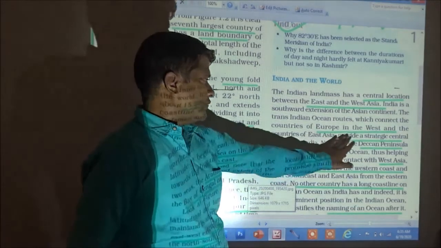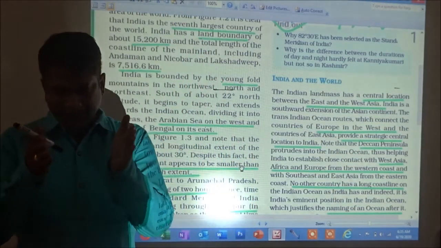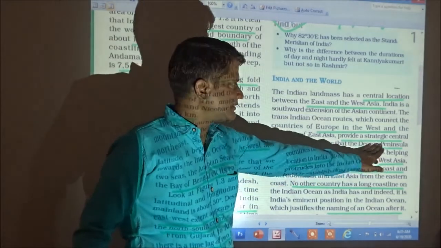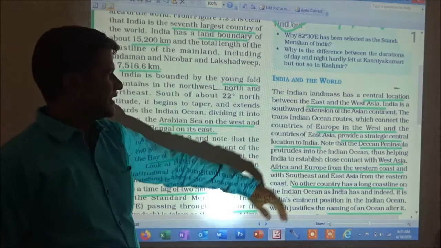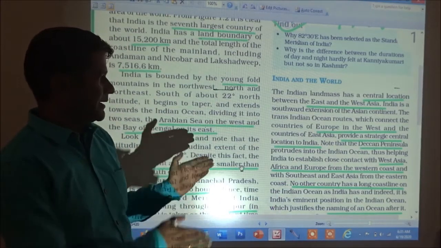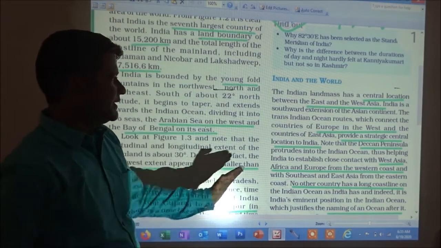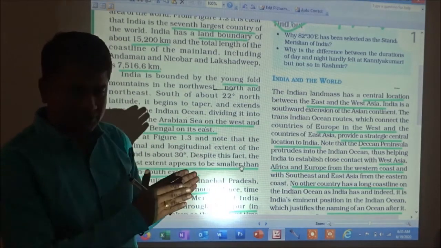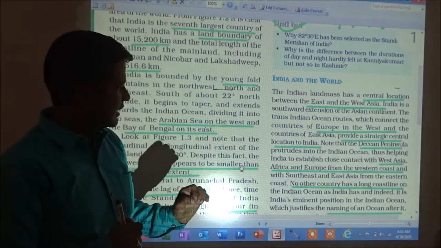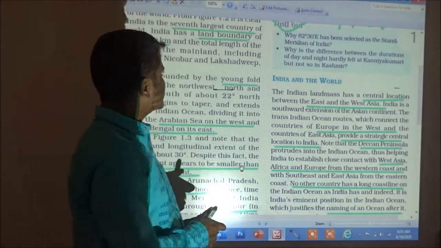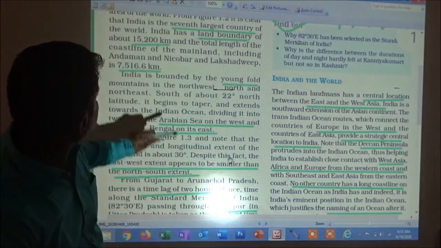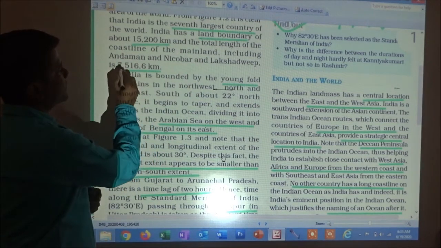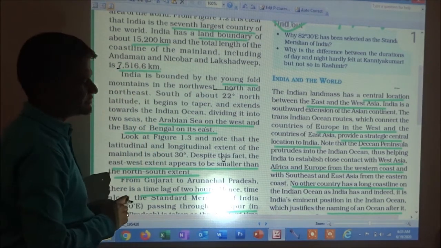Now you know that because of its shape, India is a peninsular nation, and because of this Deccan Peninsula, we say that India has a very good and strategic position. How? We have already discussed that the total length of India's coastal line is 7,516.6 km.